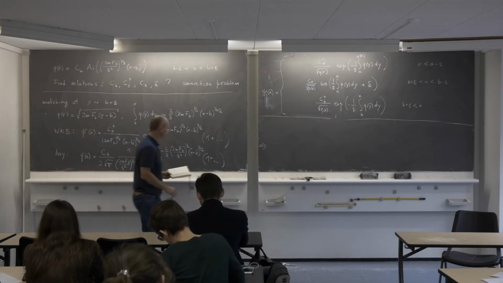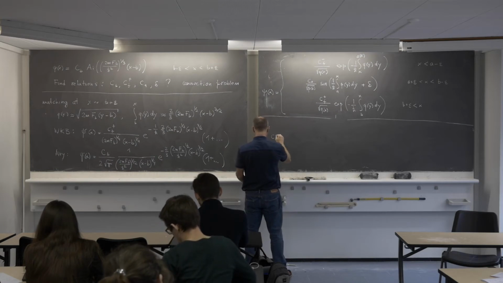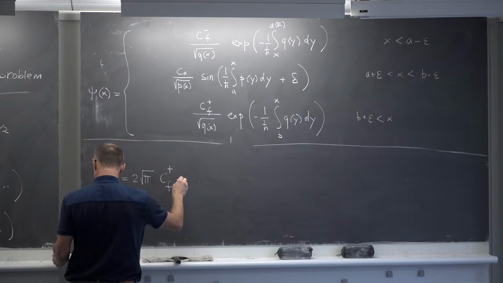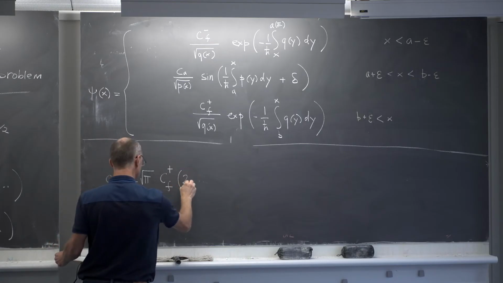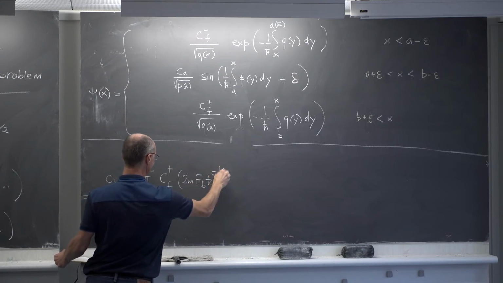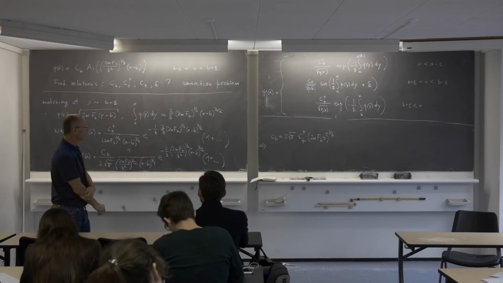It says that the coefficient c_b of the Airy function is 2 square root of pi times the coefficient c forbidden plus, times whatever (2m f_b over h) to the power minus 1 over 6. So there is this linear relation.